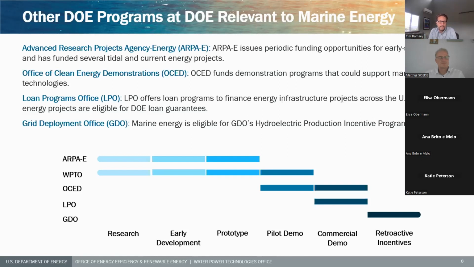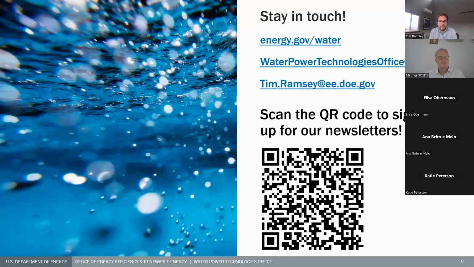LPO providing opportunities to lower the cost of capital, lower the cost of investment, lower that risk. And same with GDO, providing incentives to help just build the overall economics of a project and reduce the overall risk. So that's just a few of the activities going on here in the US.